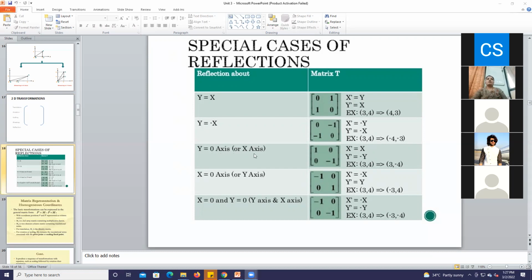Then y equal to 0 means x-axis. So for x-axis, x will be same, y will be changing in its sign. For x equal to 0, that is y-axis. So it is the T matrix for y-axis. X is changing, y will be same. And for x equal to 0 and y equal to 0, means x and y axis is nothing but simply the change in the sign. So these are the 4 cases.